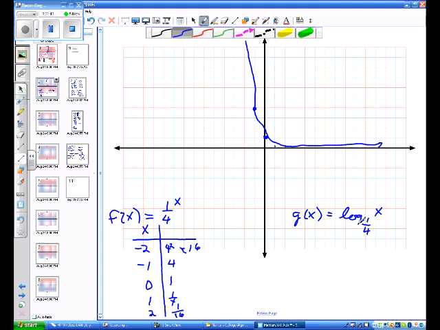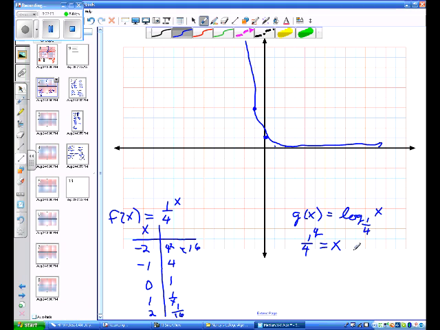Now, if I wanted to graph this one, what I need to do is write it back in exponential form. So 1/4 to the y, or g of x, is equal to x. A logarithm always equals the exponent.